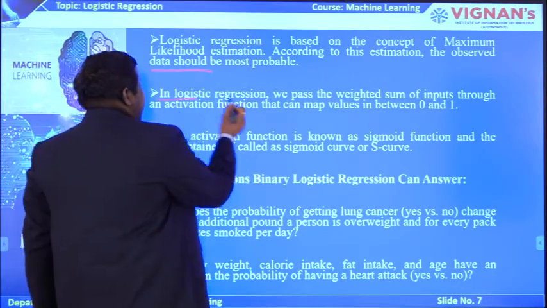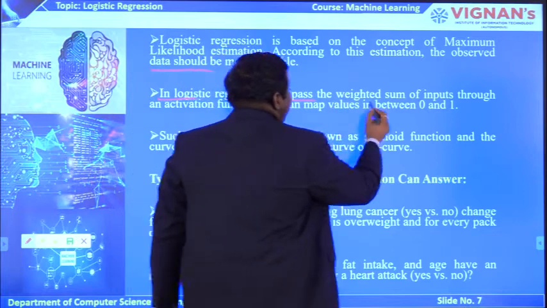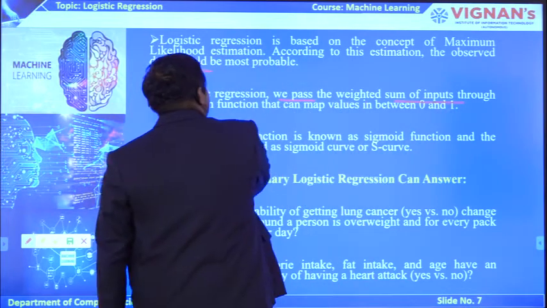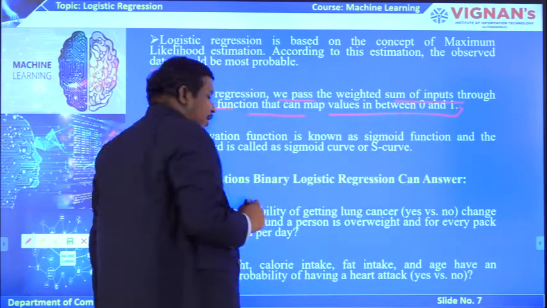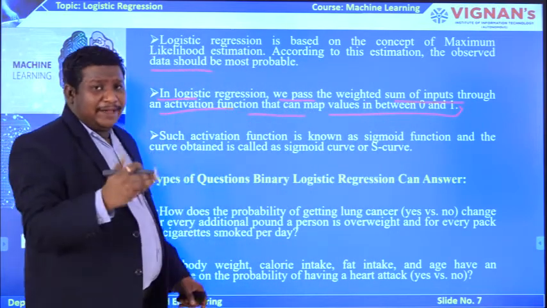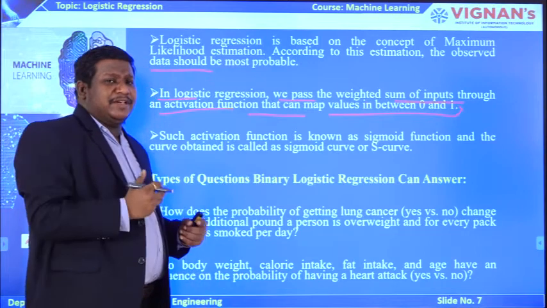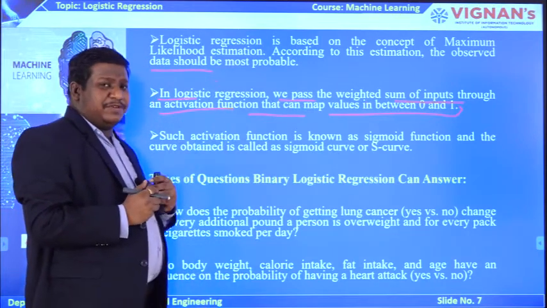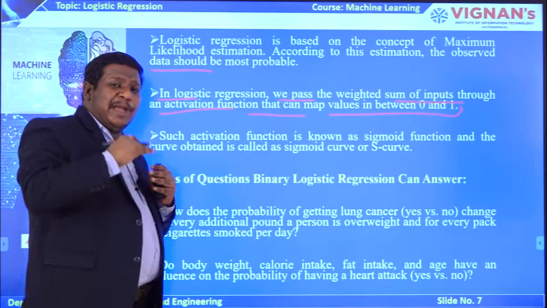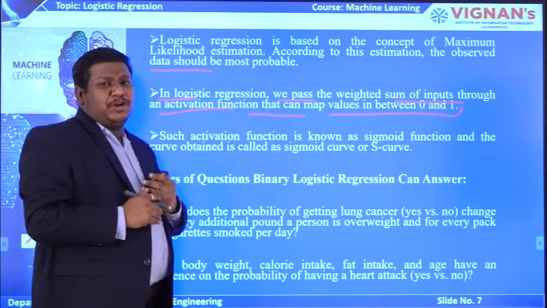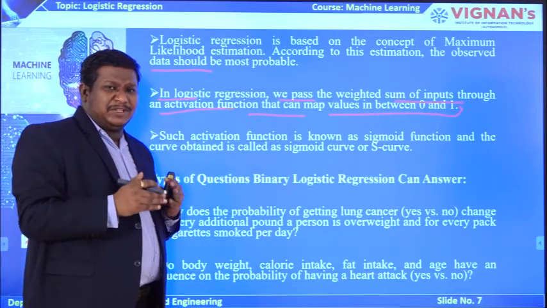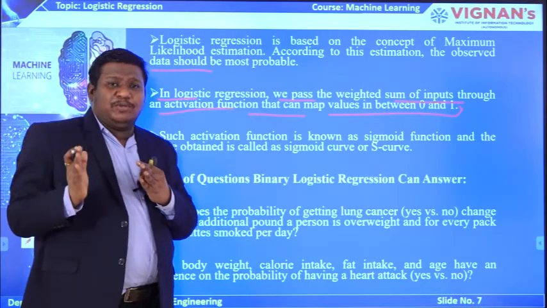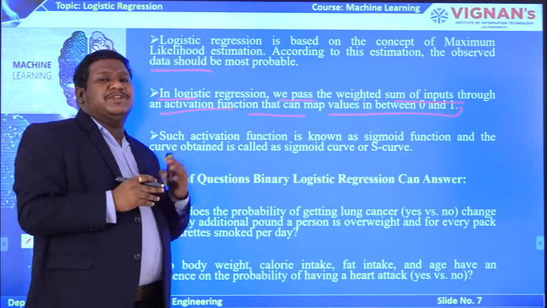In logistic regression, we pass the weighted sum of inputs through an activation function that can map values between 0 and 1. So here we derive an equation or function, the logistic function, which maps the values between 0 and 1, giving you output results between 0 and 1.